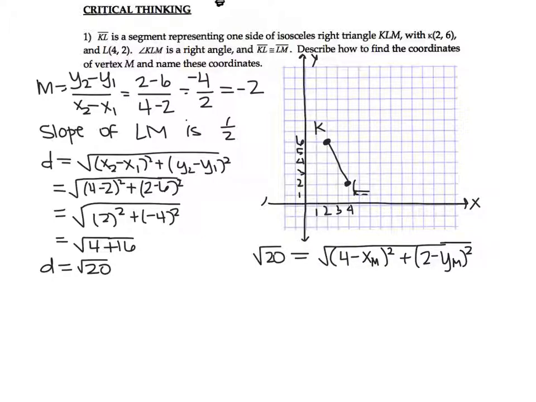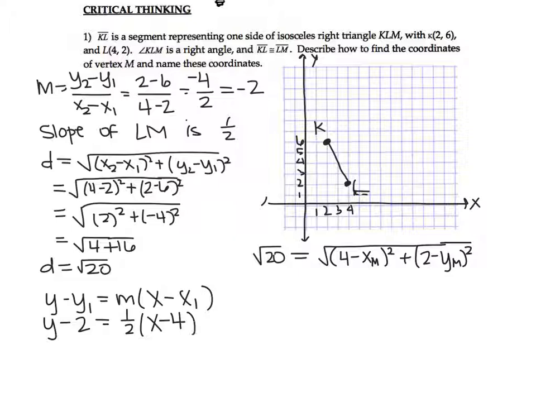So remember, point slope form is y minus y1 equals m and then in parentheses x minus x1, where m is the slope of your line and then x1, y1 is the point on that line. So we know that the point 4, 2 is on our line, and we know the slope is 1/2. So when I plug that in, we get y minus 2 equals 1/2, and then in parentheses x minus 4.